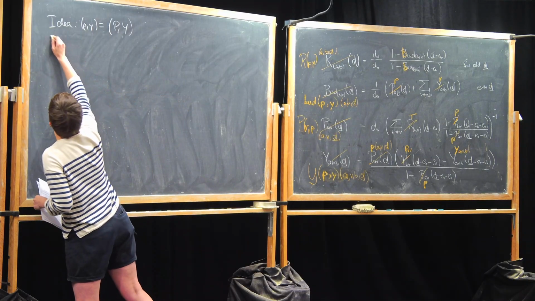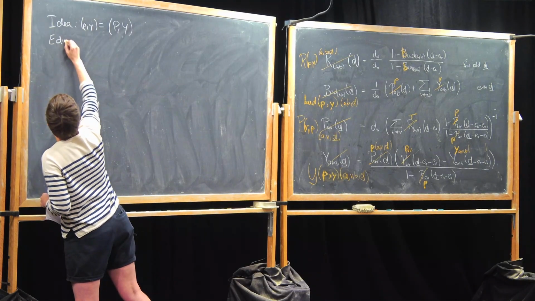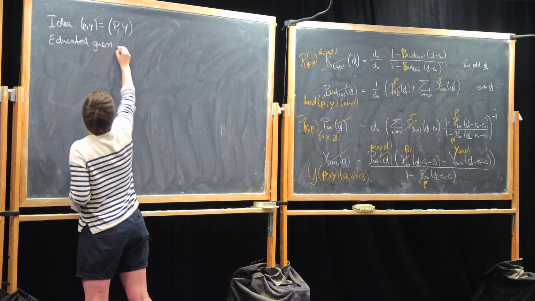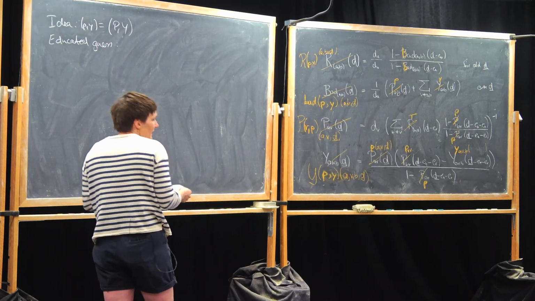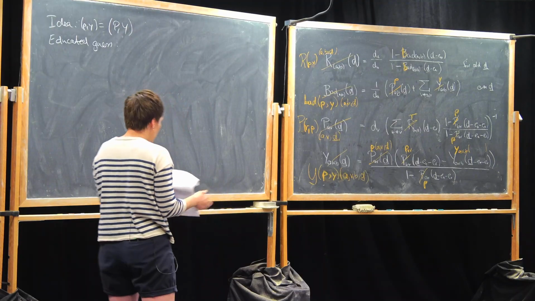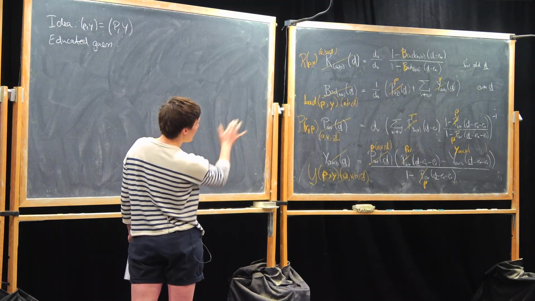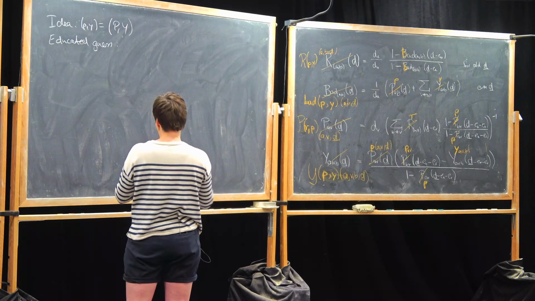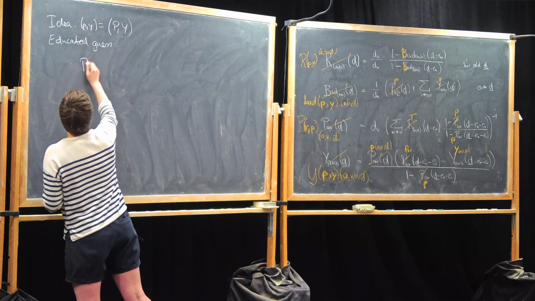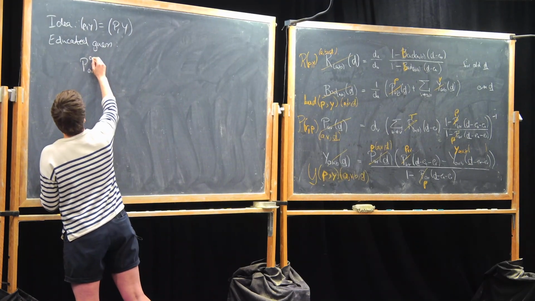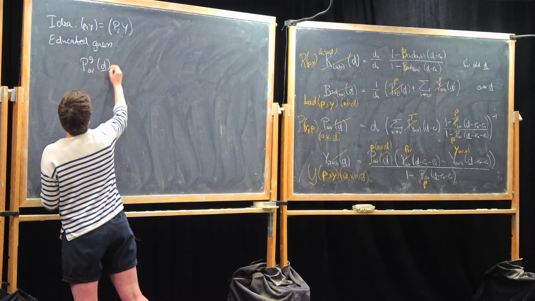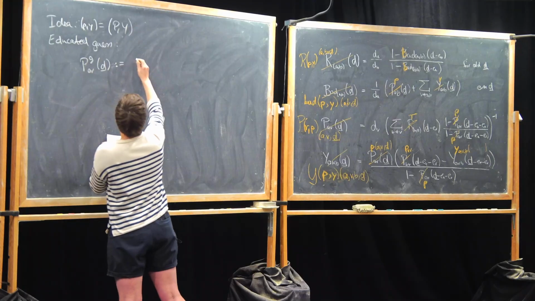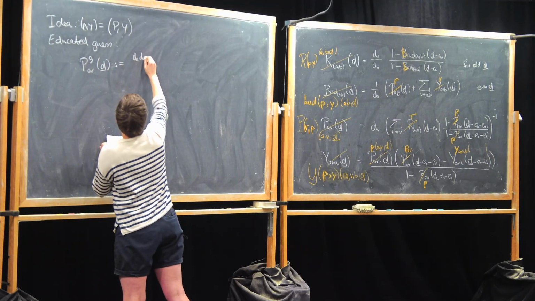So here is our educated guess for something that should be a good approximation for the formulae for real probabilities, real ratios, and real Y's. Okay, so P_AV guess of D is equal to, these are definitions, d_A times d_V.